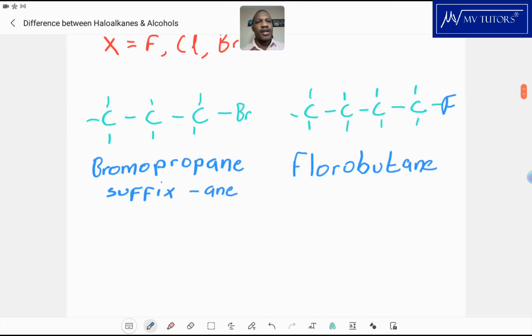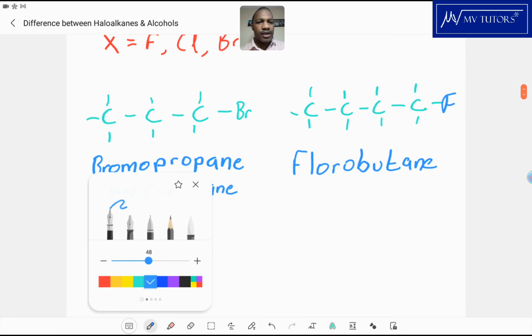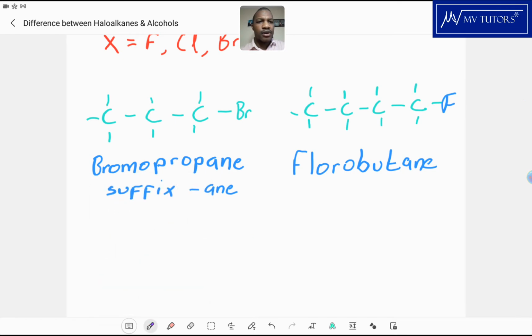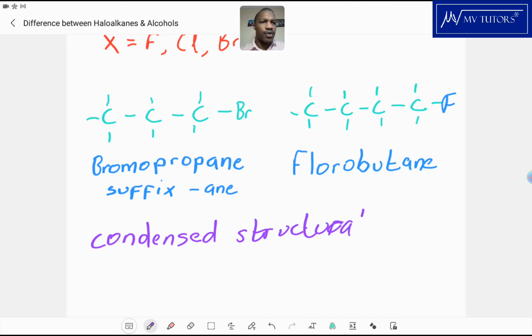All right, and then let's just talk about the condensed structural formula. So for that one, you just look at the C. So let's start here.